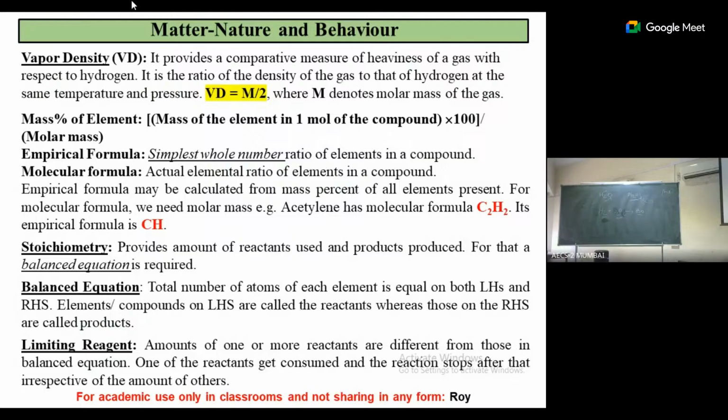Okay, so it's very easy to find out. You can find it from the balanced equation. One of these reagents gets exhausted and the reaction stops after that. So even though the other is in excess, the limiting reagent forces the reaction to stop because it gets exhausted. Okay, कौन सा reagent limiting है, कैसे हम निकालेंगे?